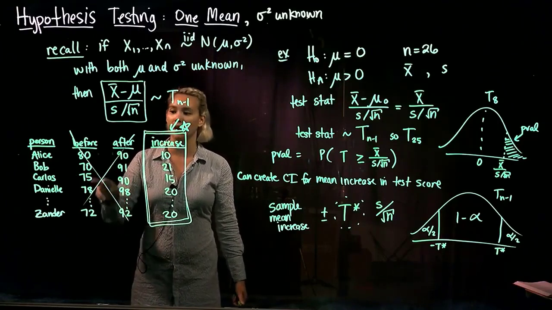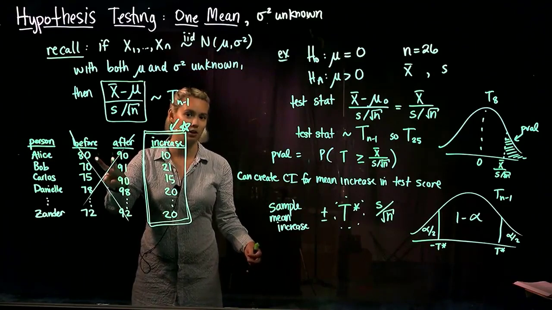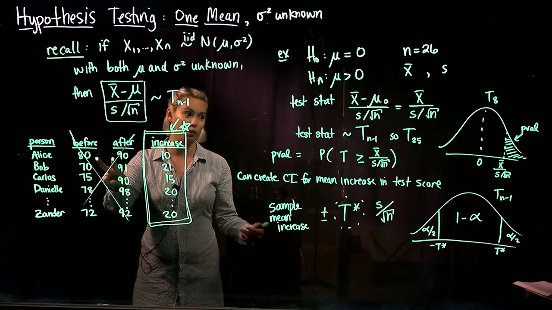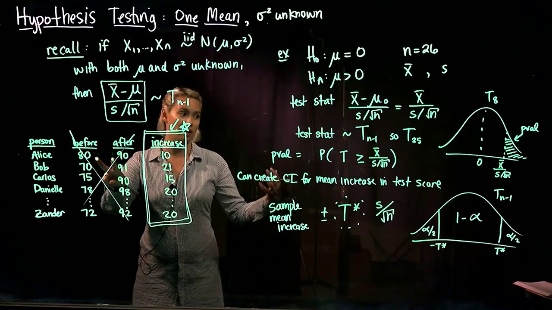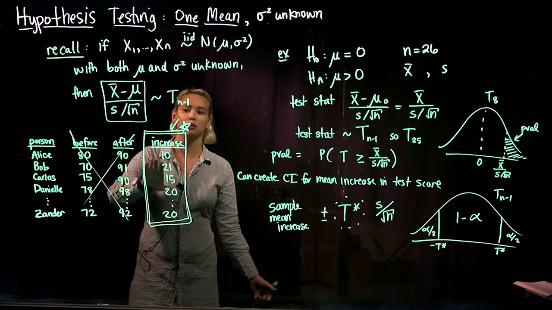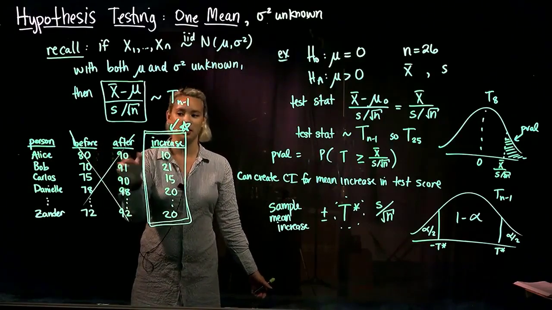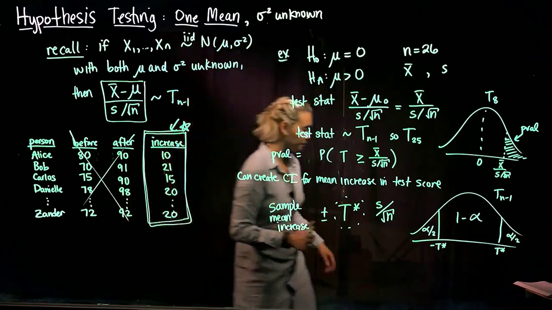We don't want to throw away the paired nature of the data because that loses information. It will lose power. It will lose exactness in the confidence interval. So we want to take into account the paired nature of the data by just looking at the difference between the columns.